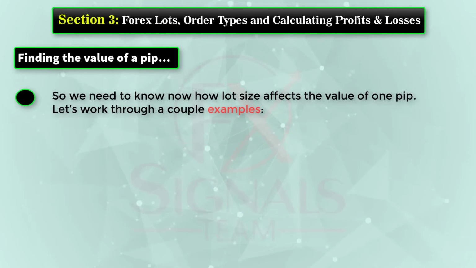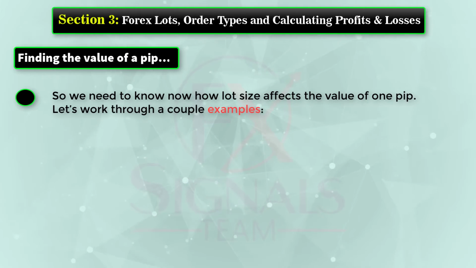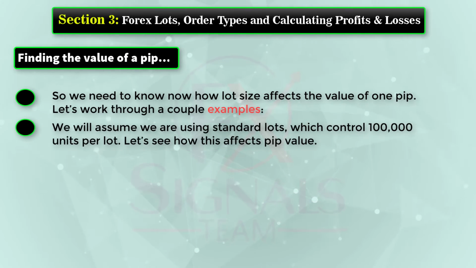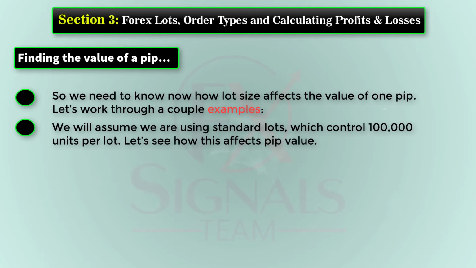So we need to know now how lot size affects the value of 1 pip. Let's work through a couple examples. We will assume we are using standard lots, which control 100,000 units per lot. Let's see how this affects pip value.